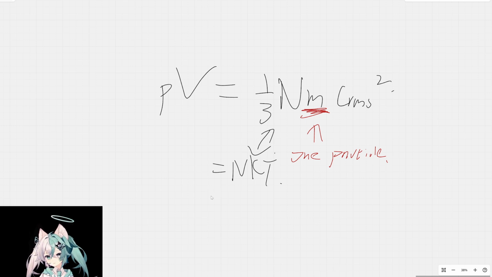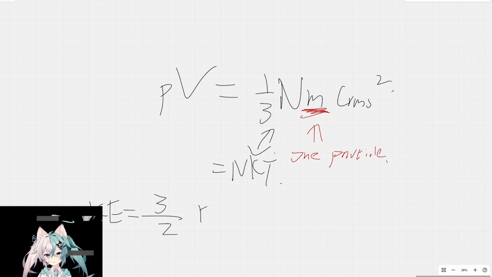So based on this, we can get another formula, which is 3 over 2 kT. This is the kinetic energy of the particle.